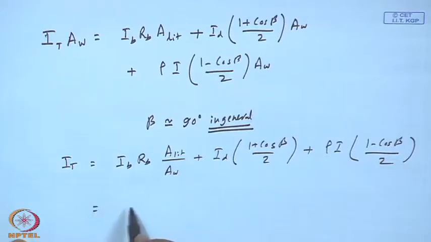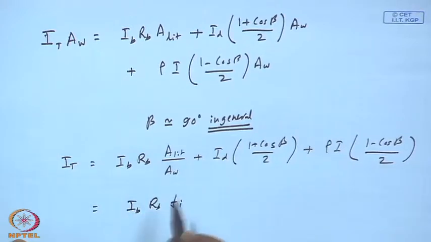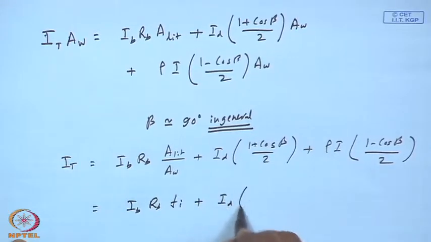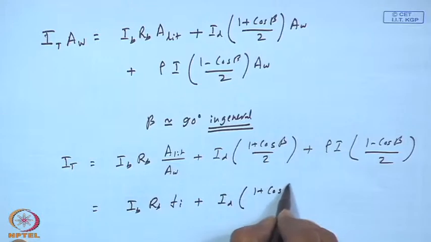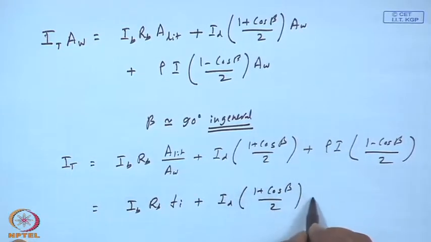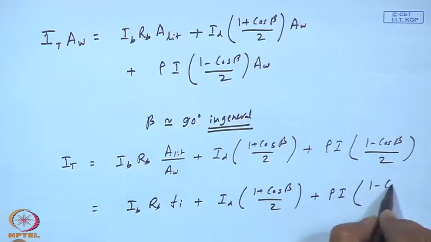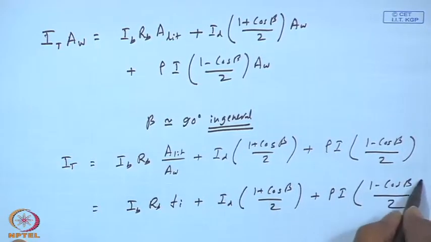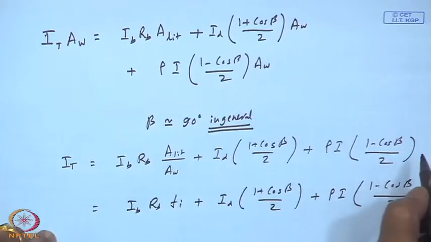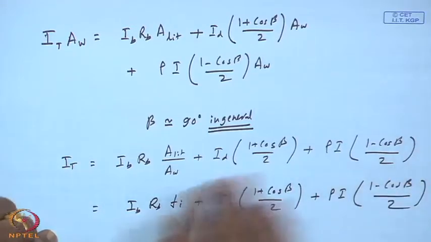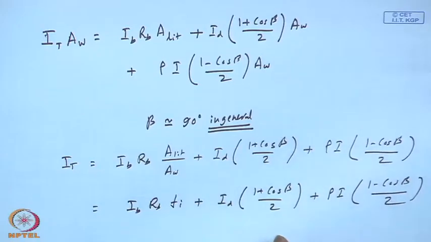So, this we shall call Ib rb Fi, the shading factor, plus these terms, which are very familiar to us by now. Here I have divided throughout by AW.